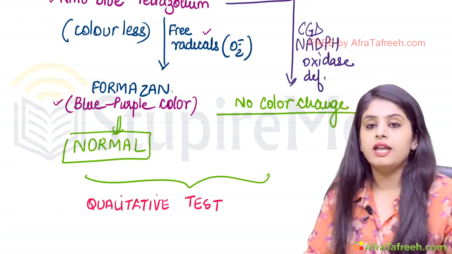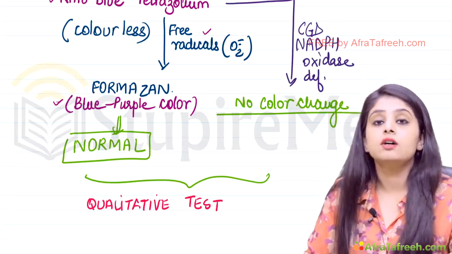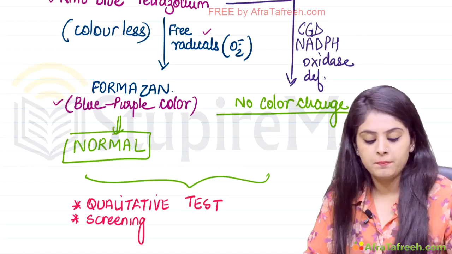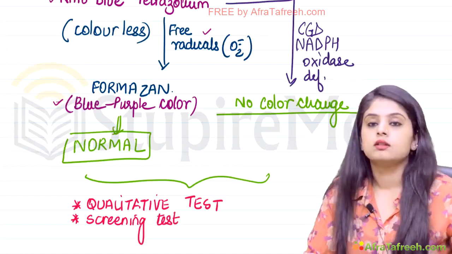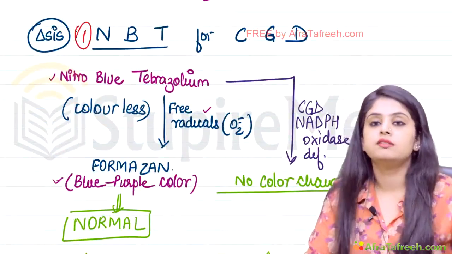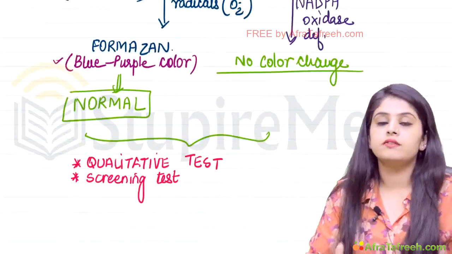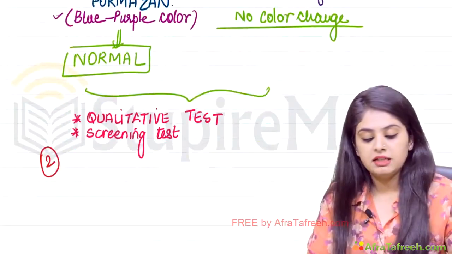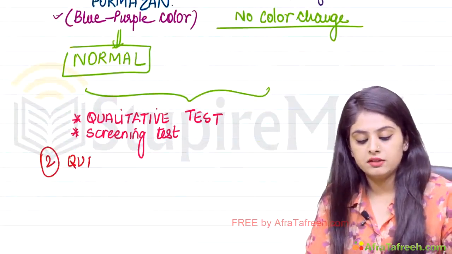So NBT for CGD is a qualitative test. It is a screening test that can be used. That is the first test that you need to know, NBT for CGD, which is a qualitative and screening test. The second is basically a quantitative test.